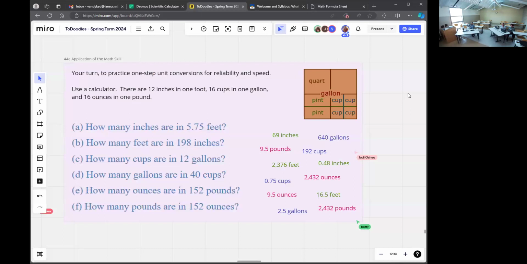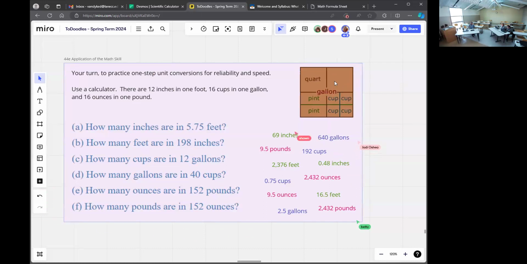So think about for each of these. Are you gonna times 12 or divide by 12? If it's about cups and gallons, then it's times 16 or divide by 16. This picture up here is the reminder about that, if you haven't seen it.